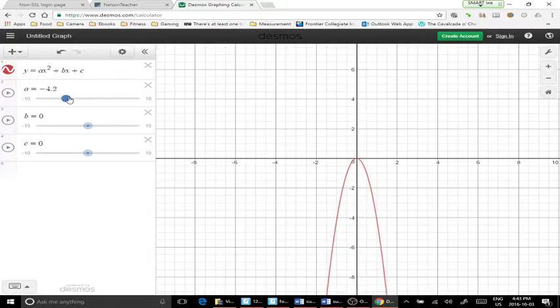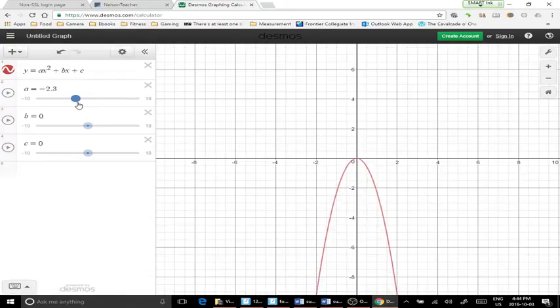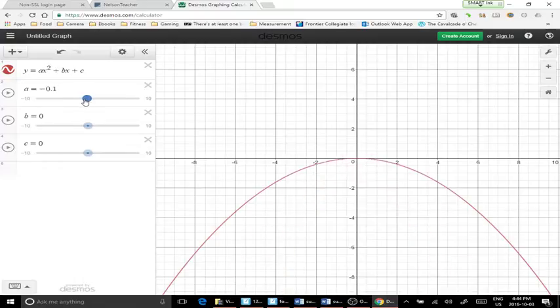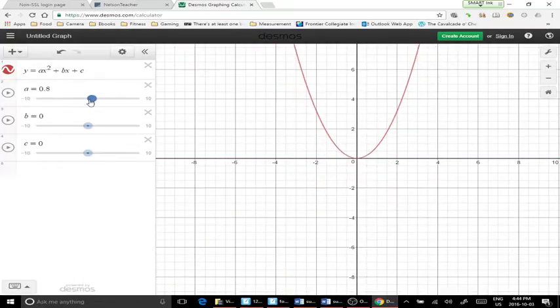And the same thing is true: ignoring the sign, as the value gets bigger, the graph becomes skinnier or stretched. If the value gets smaller, again ignoring sign, the graph becomes compressed or looks a little bit fatter. That's the effects of changing the A value.